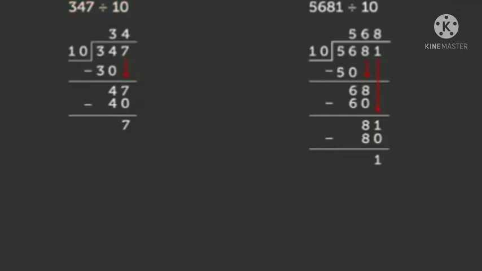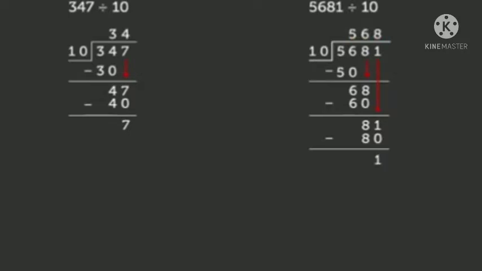Here we got the quotient as 34 and remainder as 7. Now look at the second example. 5681 divided by 10. Here we got the quotient as 568 and remainder as 1.